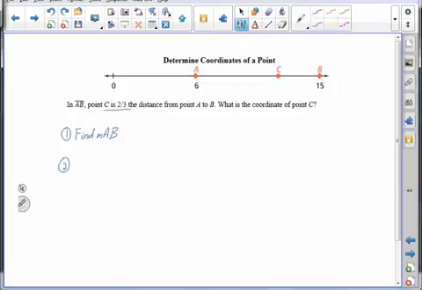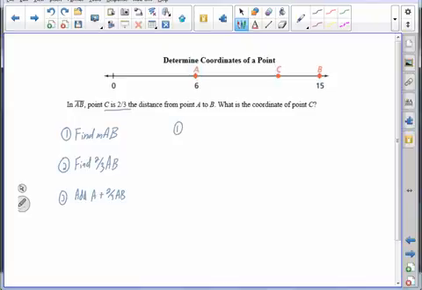Since C is 2/3 of it, let's just do this: find whatever 2/3 of AB is. And then the third thing that we are going to do is add the coordinate for A to whatever 2/3 of AB is. So we have to have all that information.